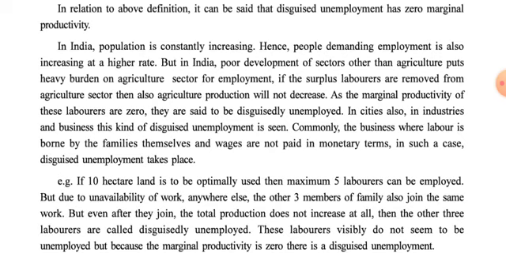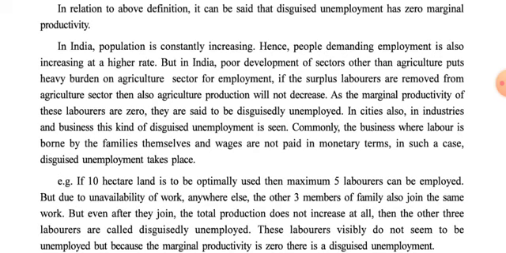But if the surplus laborers are removed, it means all those who are above the actual need of employment in the agriculture sector, then also agriculture production will not decrease. It means the agriculture production will be as it is, as the marginal productivity of these laborers is zero. They are said to be disguisedly unemployed.